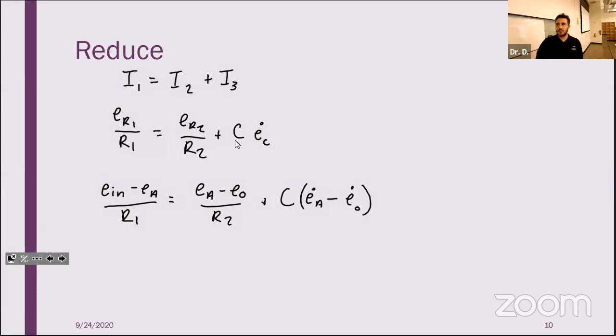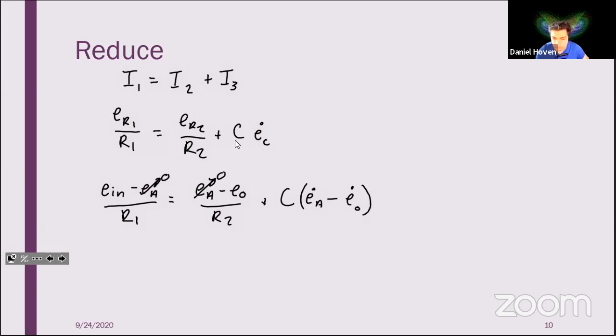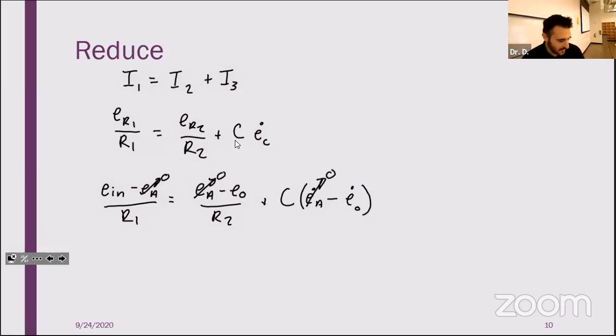So let me ask you the question here: we know that EA is 0, right? What is the derivative of EA equal to? 0. It's also 0. Derivative of a constant is 0. 0 happens to be a constant, so hey, 0. So hey, look at that.